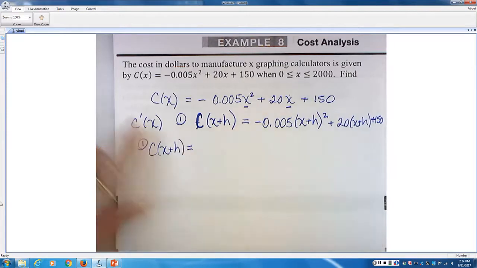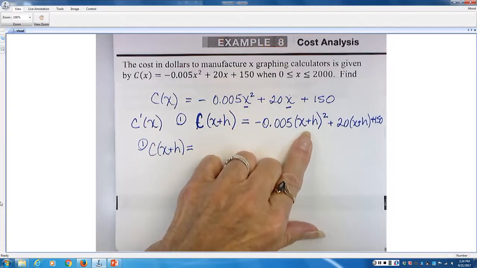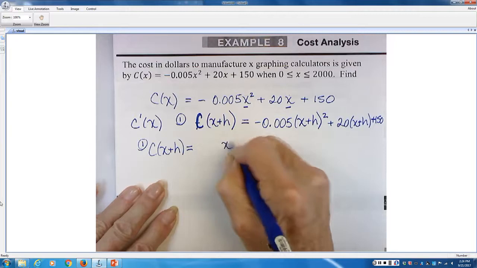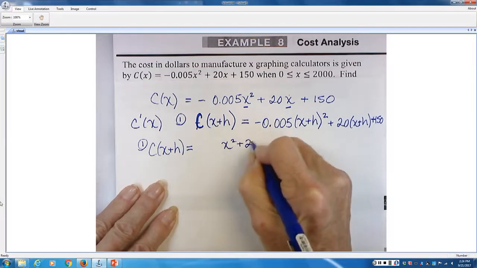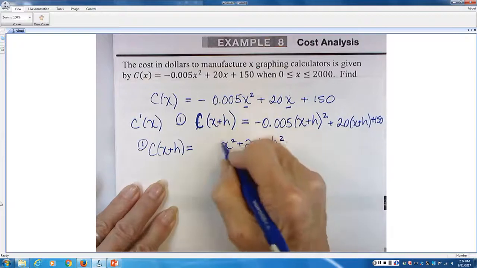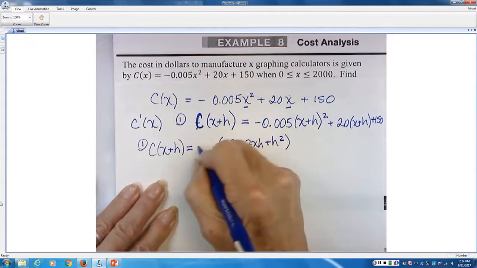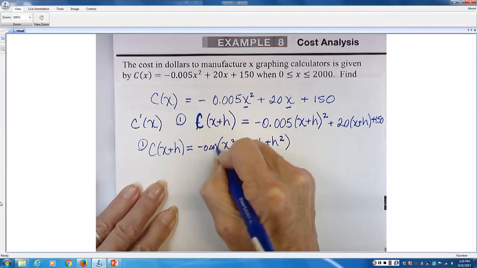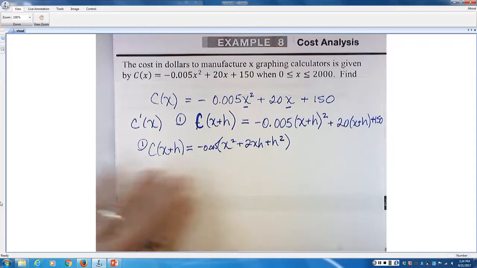We need to simplify. What is X plus H quantity squared? It's exactly the same as it was when we did the first one. Okay, good. And then I need to multiply that by negative 0.005, which I will in the next step.